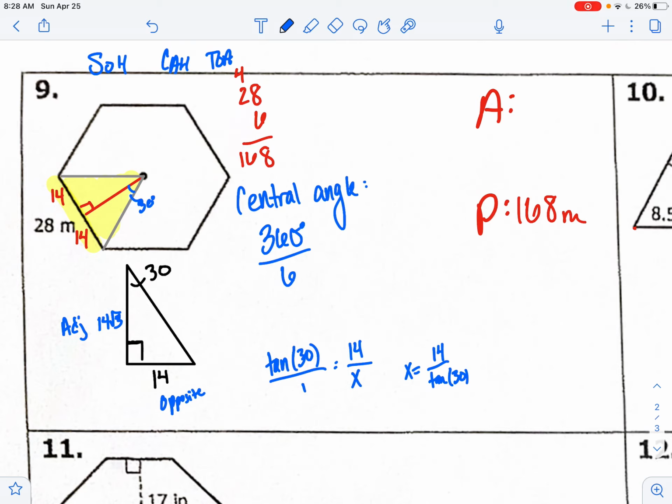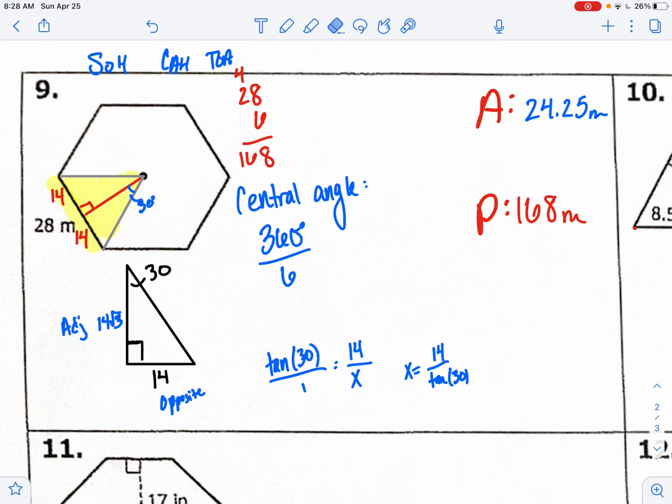So my apothem is approximately 24.25 meters. And from there, I can multiply 1/2 times the apothem times the perimeter to get the area.